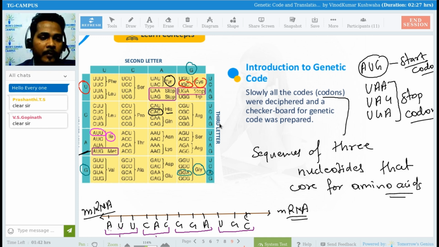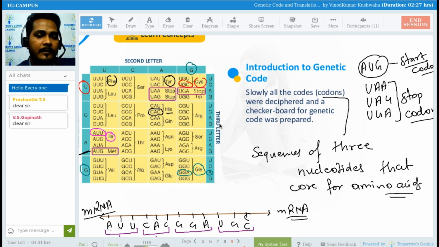Just check, this is PHE, which is phenylalanine. You can see it is coded by this one also. See how many codons there are: UUU or UUC, right? That means phenylalanine can be referred to as UUU and also as UUC. Even leucine: you can see UUA, UUG, even CUU.